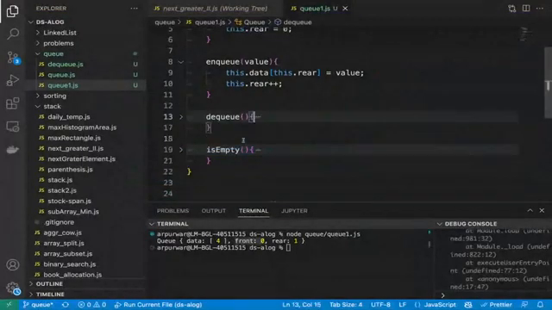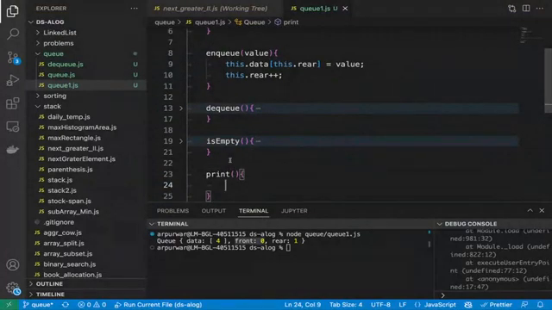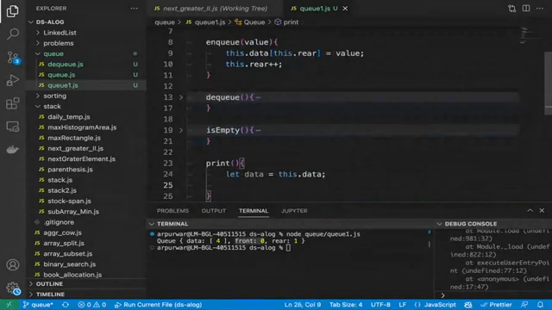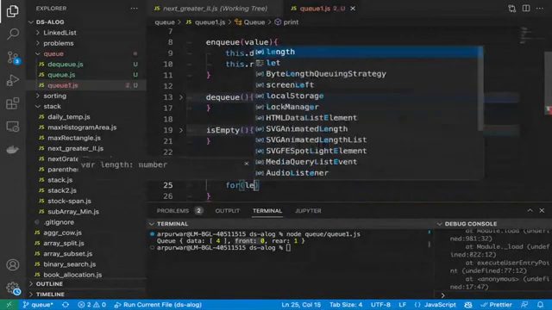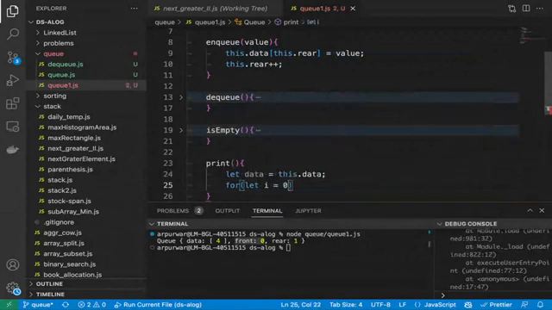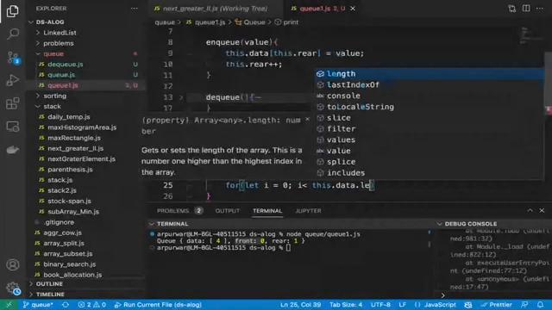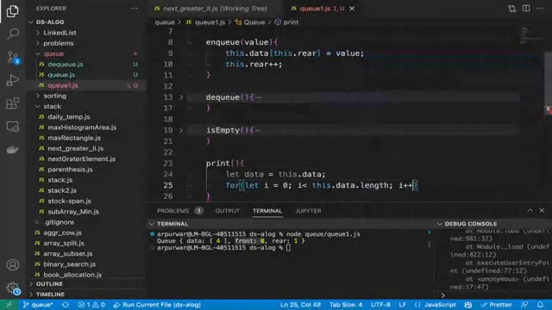Let's put the print also. So we need to print. Let's take our data, which is in this.data, and we need to put a loop inside it. So let i equal 0, i less than this.data.length, and i plus plus, right?